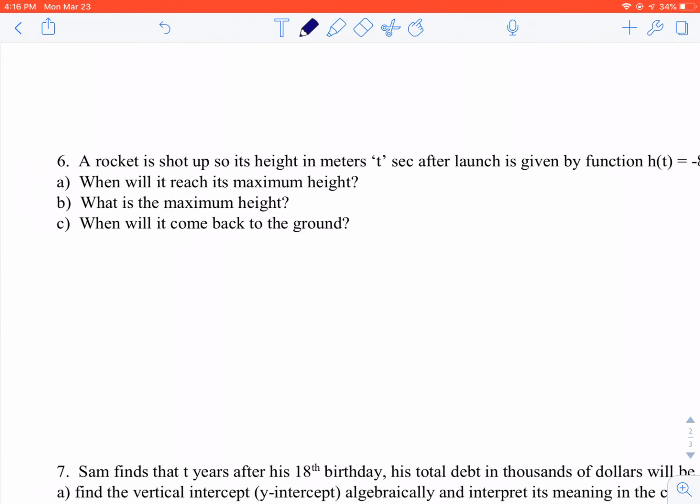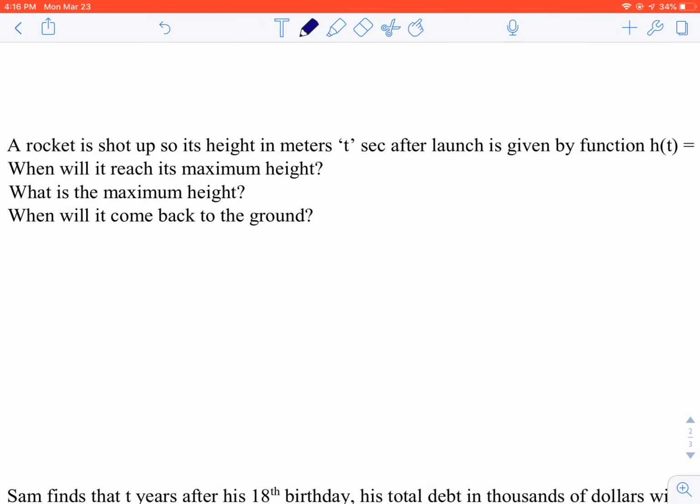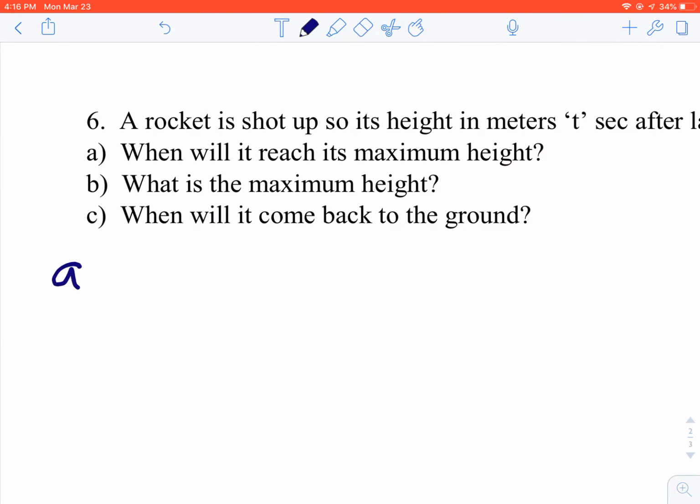So when will it reach its maximum height? Same thing, we're looking for the axis of symmetry. AOS, t is equal to negative b over 2a.